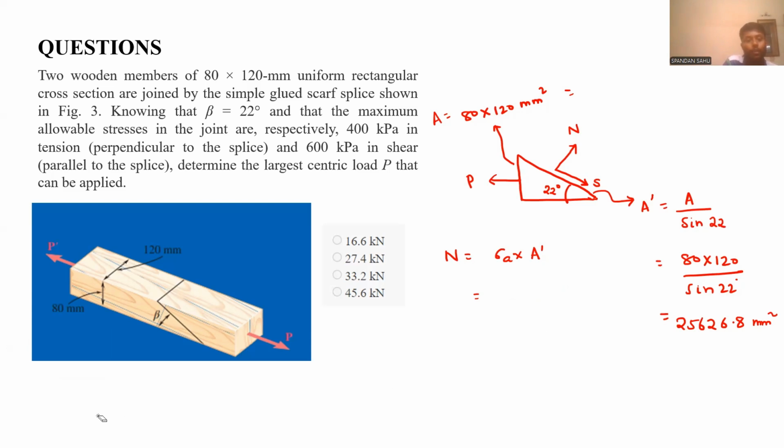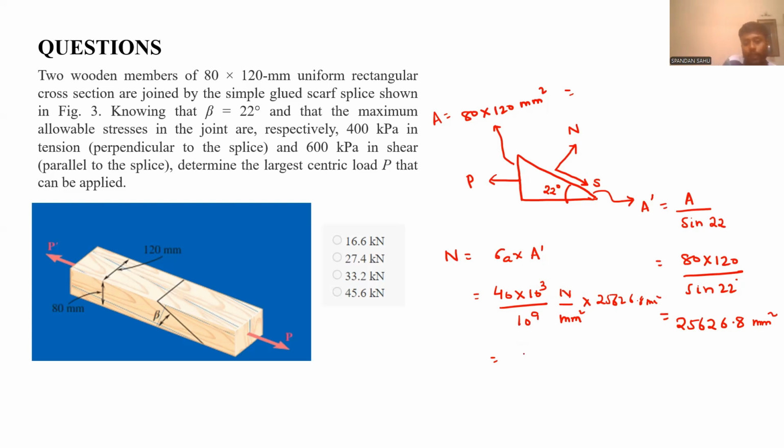So overall we can write 40 into 10 power 3 Newton per meter square, which becomes Newton per mm square, into 25626.8 mm square. So how much are we getting? 40 into 10 power 3 into 25626.88 upon 10 power 9.